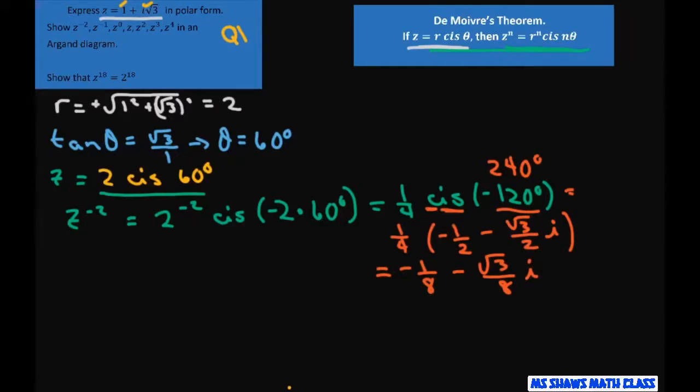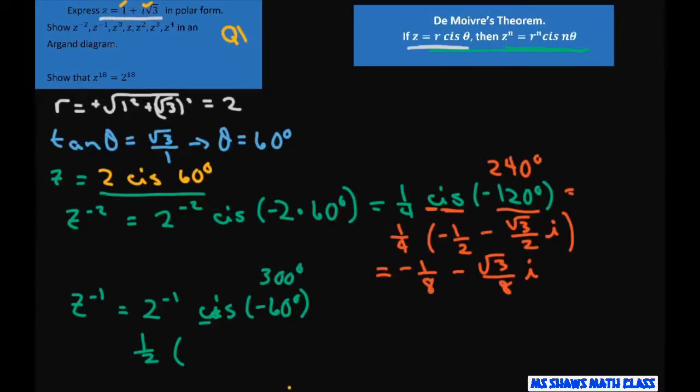Okay, so z to the negative 1 is going to be 2 to the negative 1 cis of negative 60 degrees. So when you write that out, you're going to get 1/2 cis, and that is the same as 300 degrees.